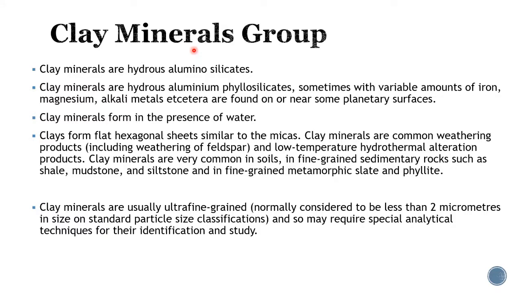So basically, clay minerals are hydrous aluminosilicates. Clay minerals are hydrous aluminium phyllosilicates, sometimes with variable amounts of iron, magnesium, alkali metals, etc. They are found on or near some planetary surfaces. Clay minerals form in the presence of water.